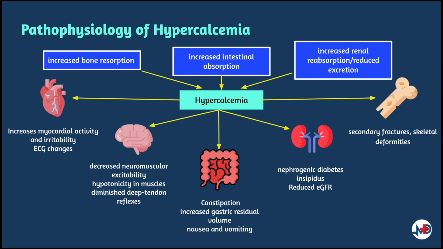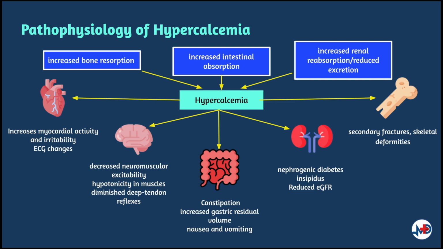Next, as calcium is an essential electrolyte in the nervous system, hypercalcemia decreases neuromuscular excitability, leading to hypotonicity in muscles and diminished deep tendon reflexes. Following diminished smooth muscle excitability, gastrointestinal activity reduces, resulting in constipation, and increased gastric residual volume causing nausea and vomiting.